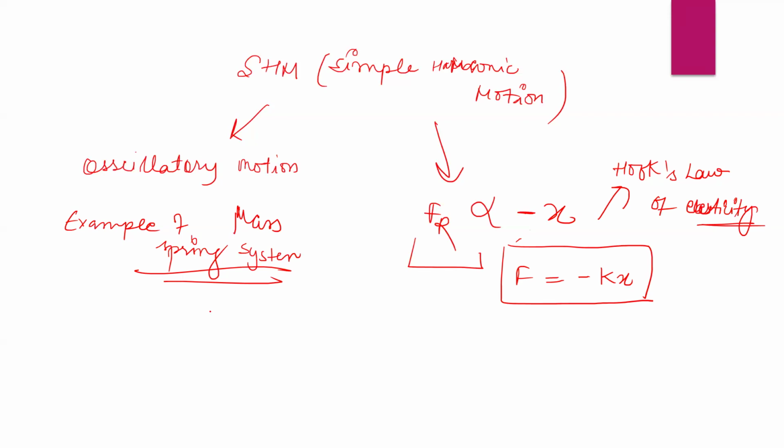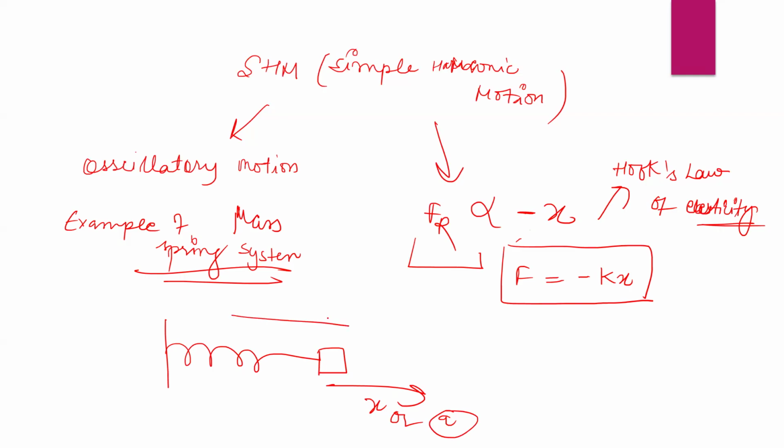So we attach the block to the spring, and when we stretch the spring to a distance x, or any distance, then this block will oscillate back and forth. This is an example of simple harmonic motion.